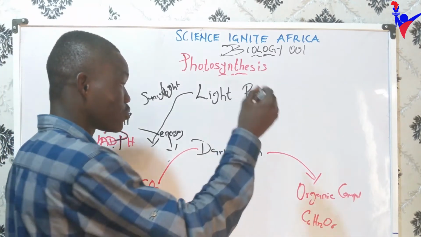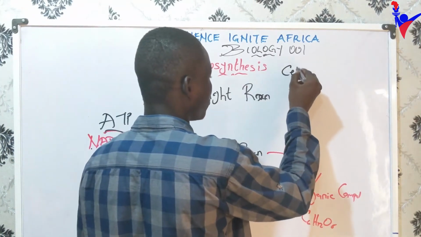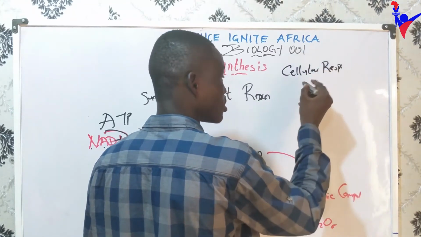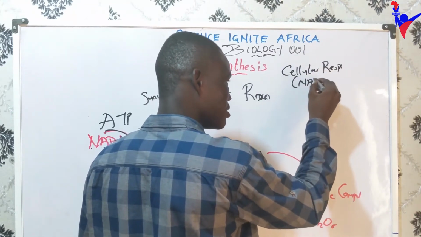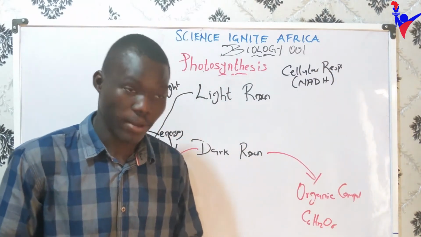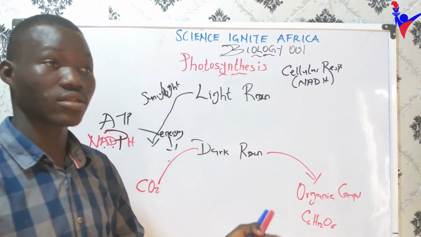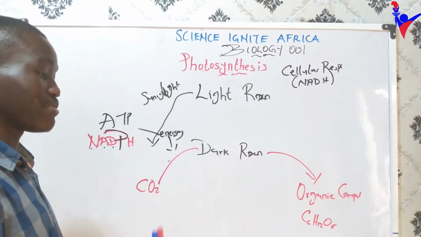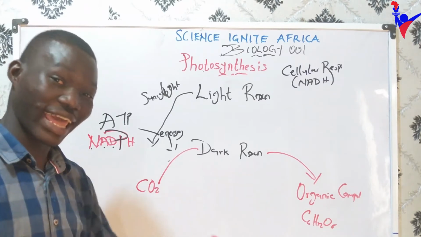So in our cellular respiration, we have NADH. Just pay attention to this, because in your past questions, you can see: what are the energy molecules by which energy is stored temporarily? A, ATP and NADH. B, ATP and NADPH.